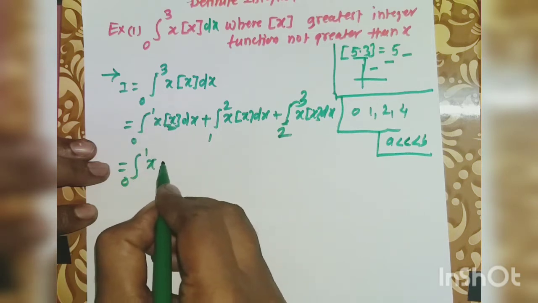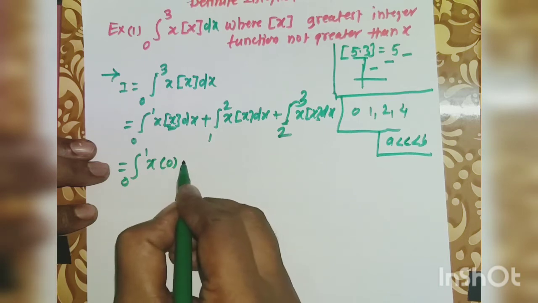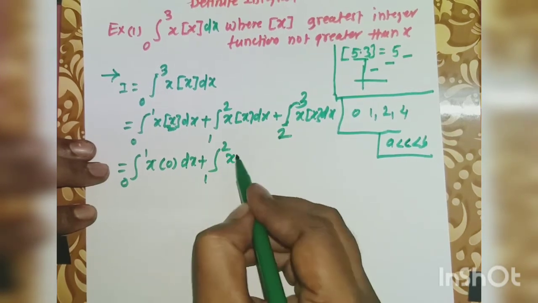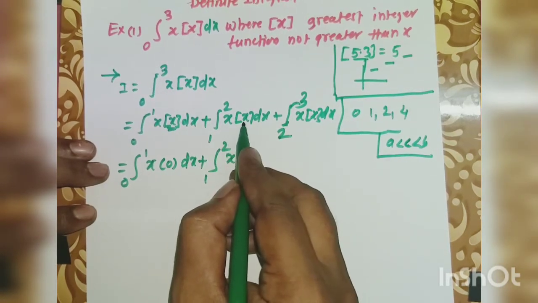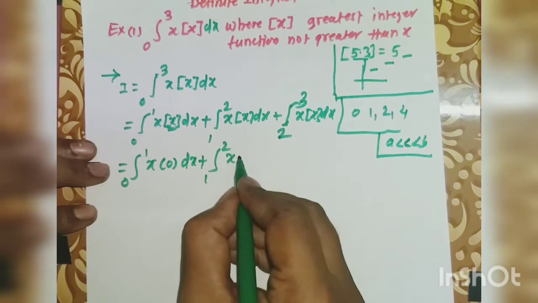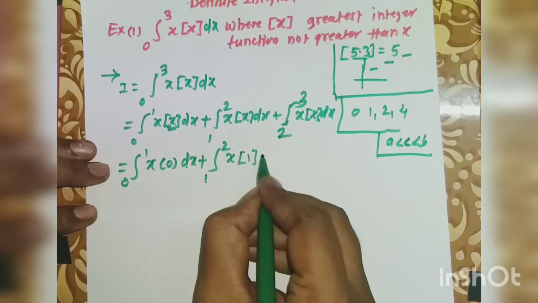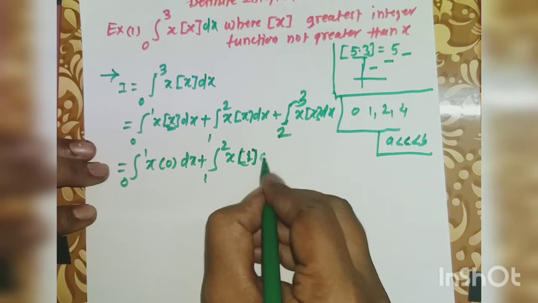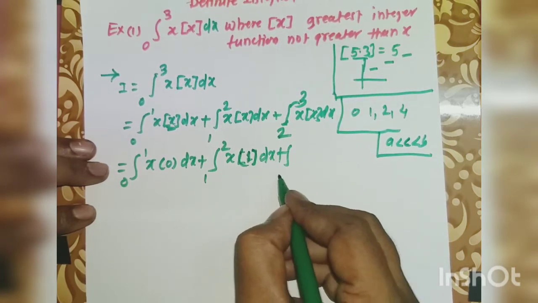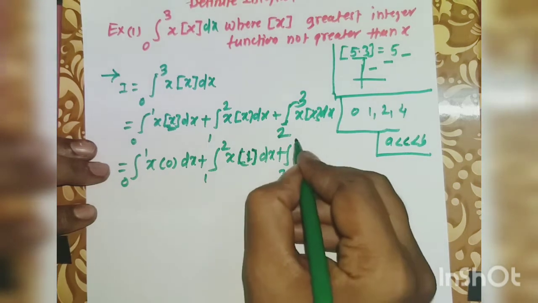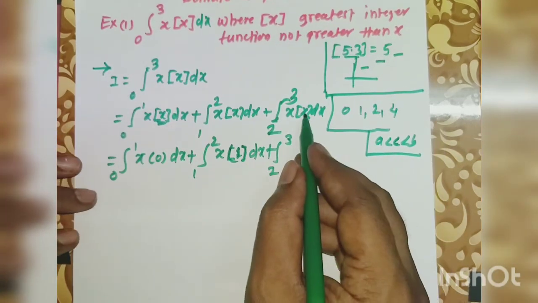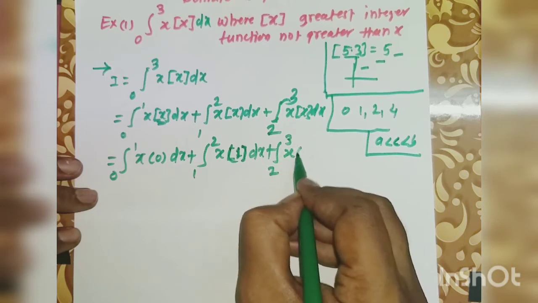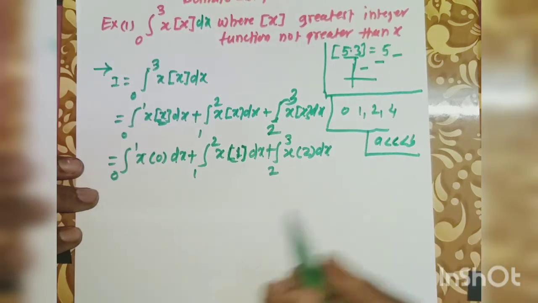This greatest integer function is less than 1, that is, the integer is only 0, dx, plus 1 to 2 x, where the greatest integer less than 2 is 1, so its value is 1, dx, plus 2 to 3, the greatest integer less than 3 is 2, it is x into 2 dx.